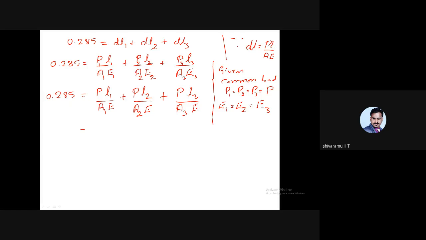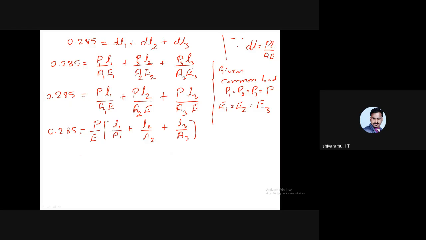So P divided by E is the common factor. You can go with L1 divided by A1 plus L2 divided by A2 plus L3 divided by A3. L1 is different for the different sections and area is different for different sections.